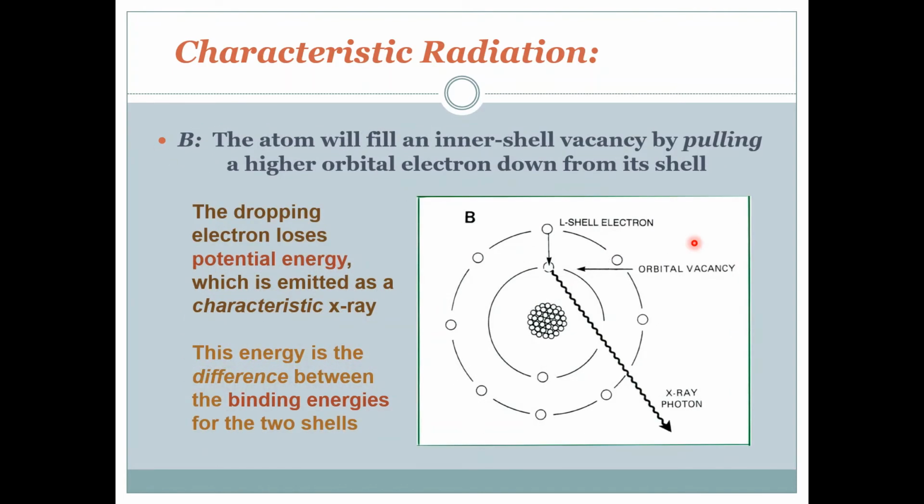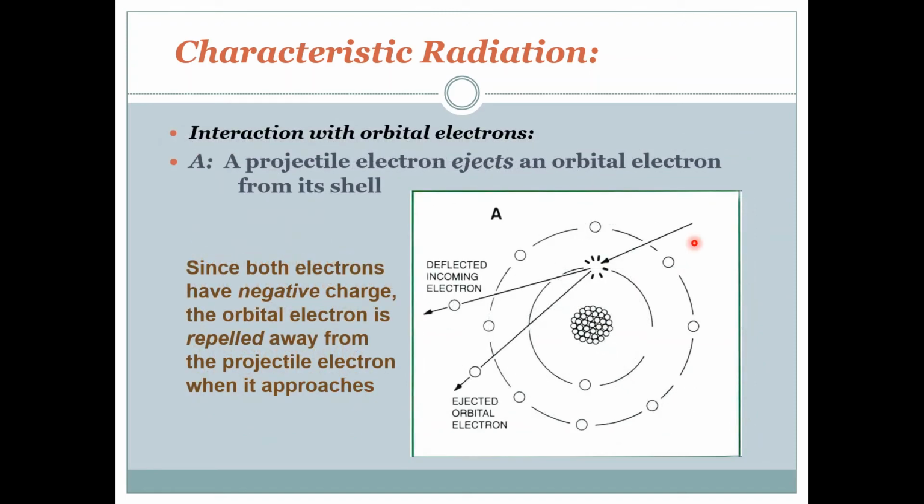In any case, we don't care what happens to the electrons, by the way. These two electrons are not important anymore. The deflected incoming electron, not important. The ejected orbital electron, also not really important anymore.